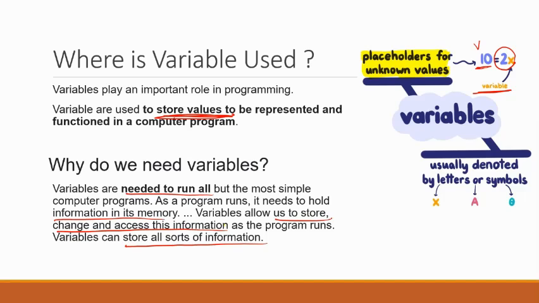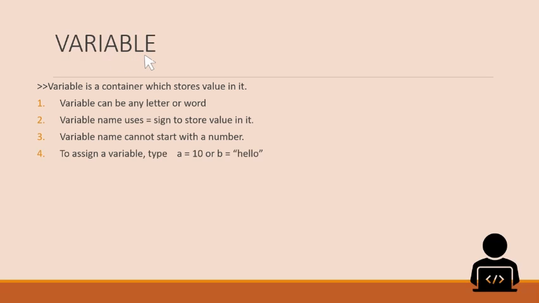Variables are usually denoted by letters or symbols like x, a, o, y, z, or name, age, anything. Now we will move on to the next slide, which says what exactly a variable is.